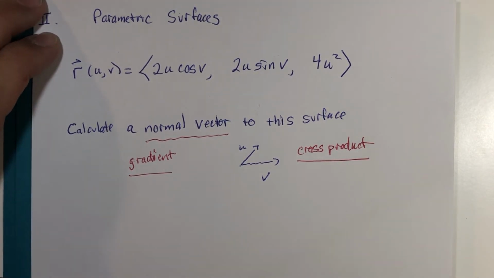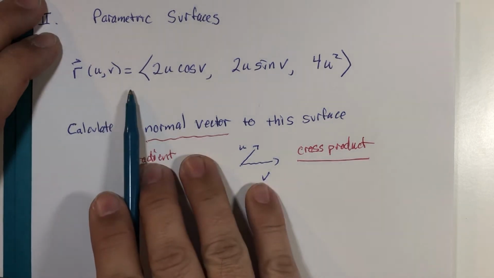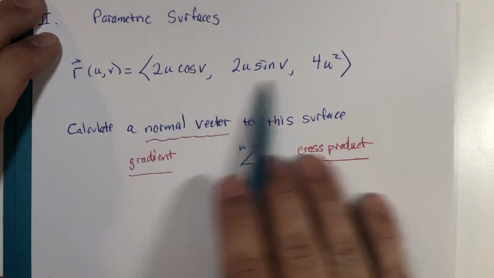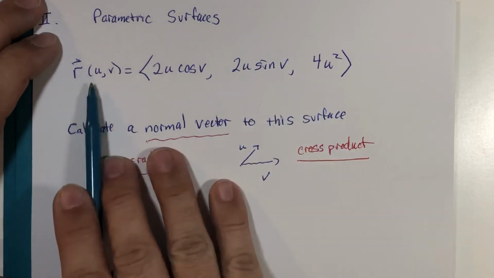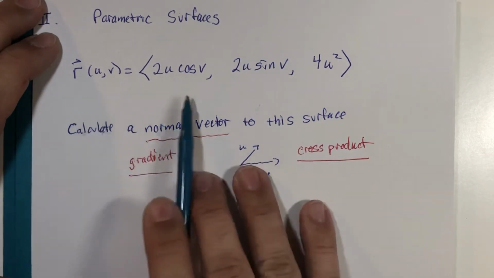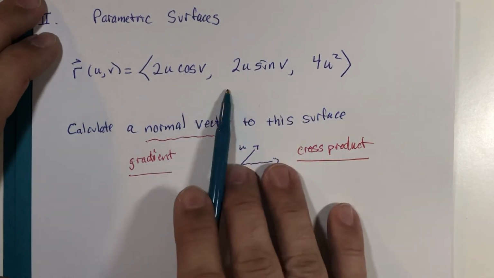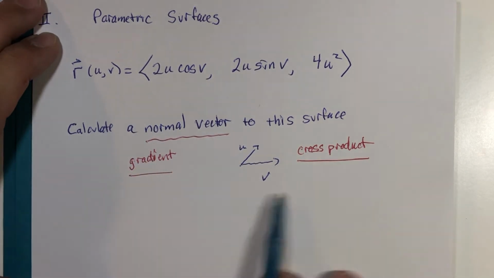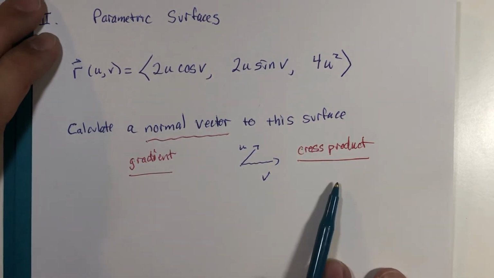Okay, so we want to find out what is the change of this surface in the u direction and what is the change of the surface in the v direction, and generate the cross product of those two.